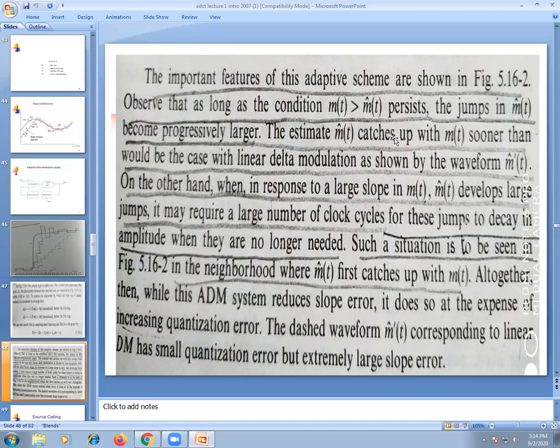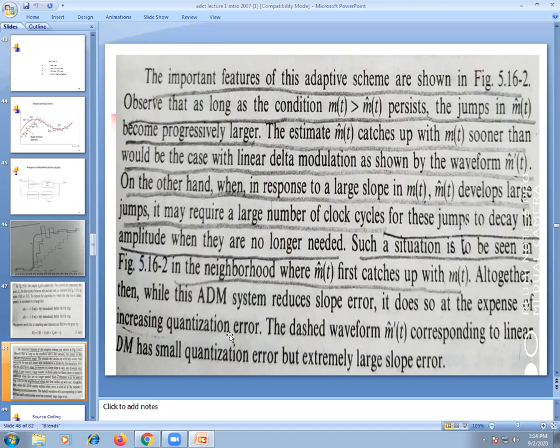On the other hand, the response slope is low when M of t is low. M cap of t develops large jumps, and it may require a large number of clock cycles for the jumps to decay in amplitude when they are no longer needed. Such a situation is to be seen in the previous figure.